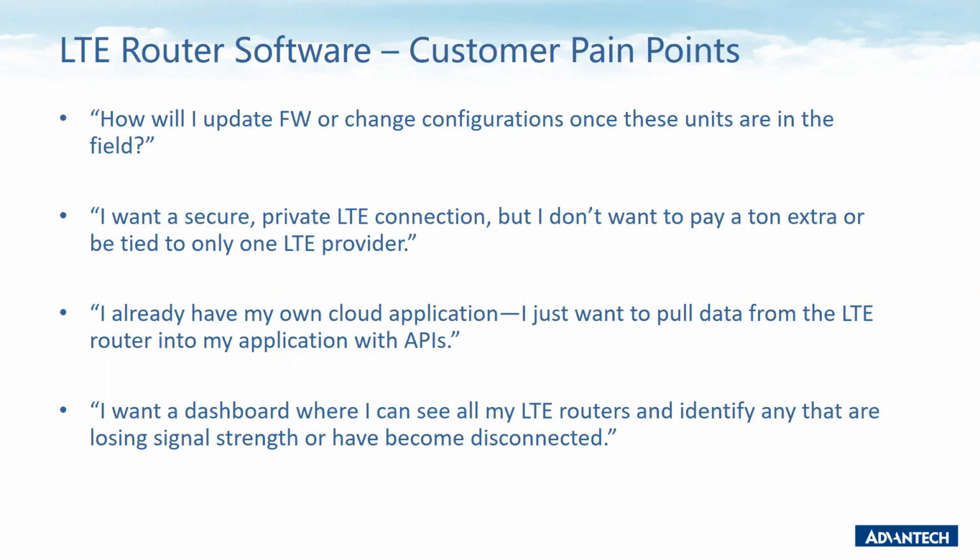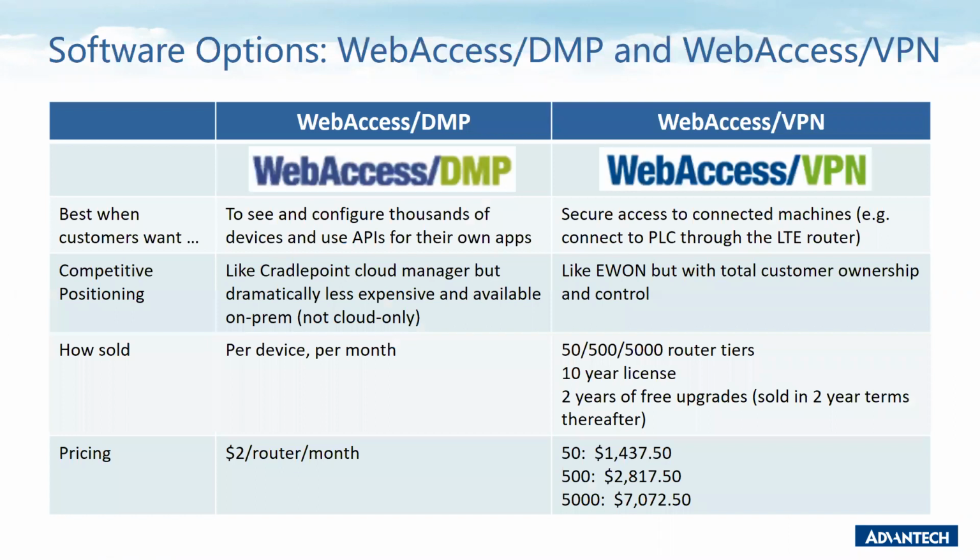You can imagine it, right? If you were in the position of a customer who's installing these, there are essentially two options. Right now I'm going to focus more on web access VPN. There's a reason for that. Web access DMP is going through a couple of fairly significant changes, still available.